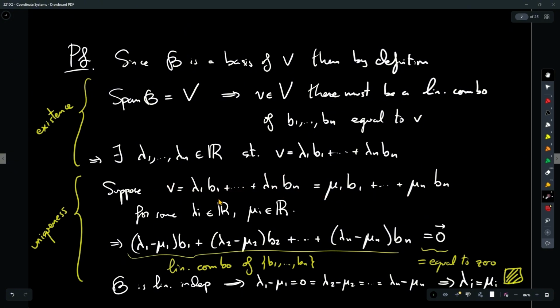There's only one way of doing it, which gives me the concept that this expression is actually some coordinates for the vector in terms of the basis. And we're going to use that to write coordinates for any vector space. We're going to find a basis and then use that to write coordinates.